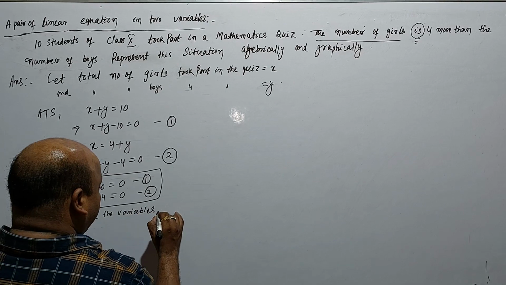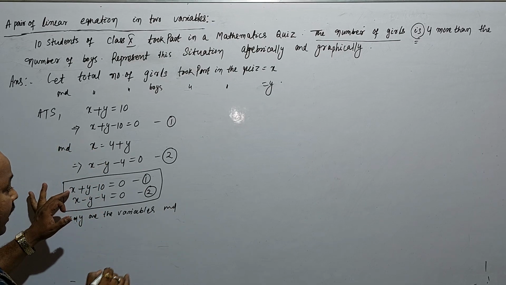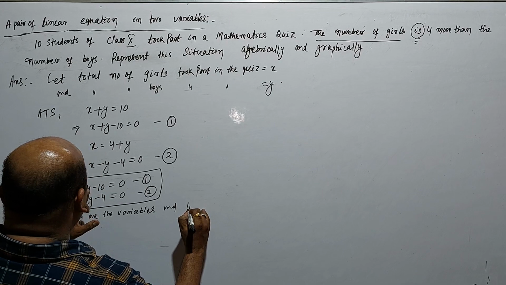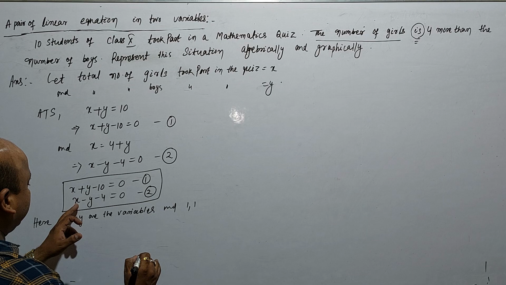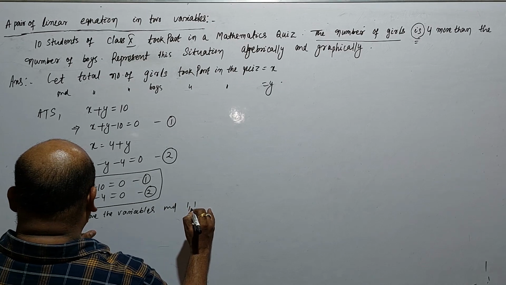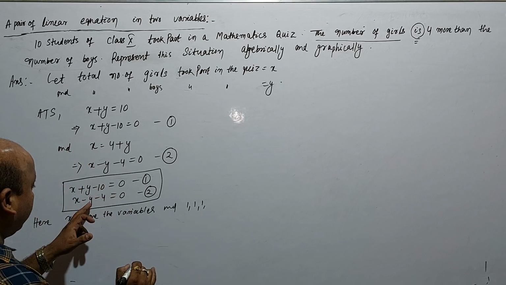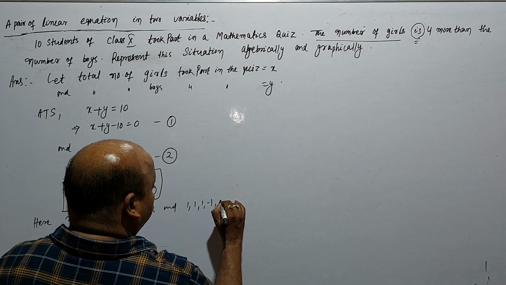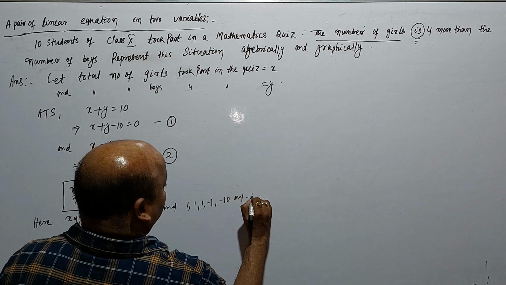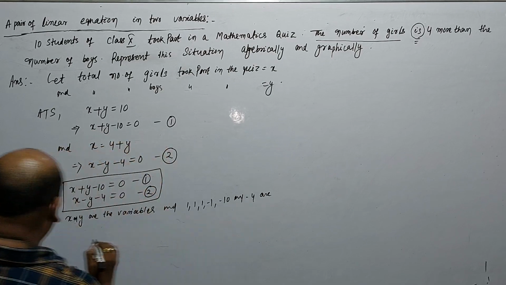Okay, and the coefficient of x is what? 1, y coefficient is 1. Then in second equation the coefficients are what? Also 1, and the coefficient of y in equation 2 is minus 1, and also minus 10 and minus 4 are what? Real numbers.